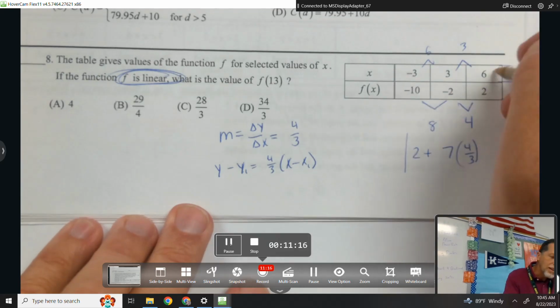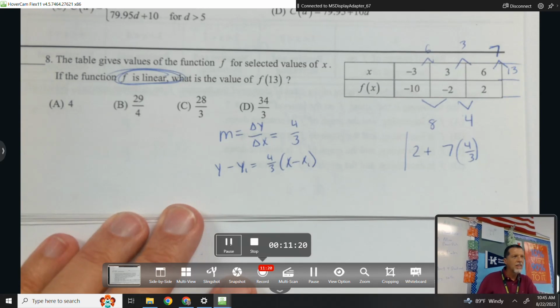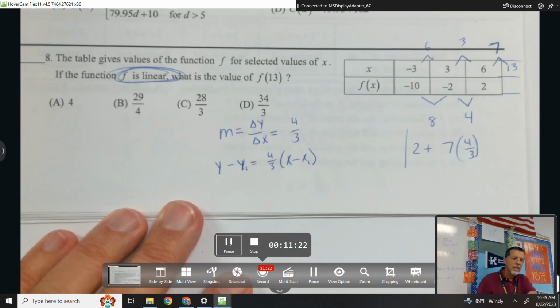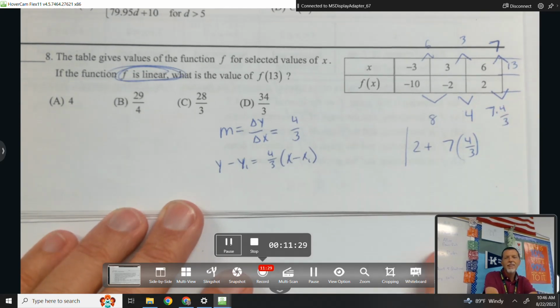Because my x difference is 7. And so my y difference is 7 times 4/3, whatever that is. I don't know if that's the best way to get there.